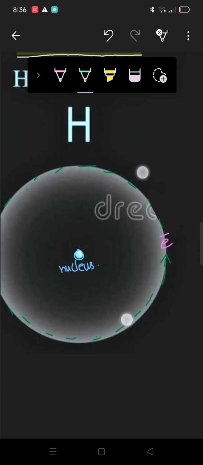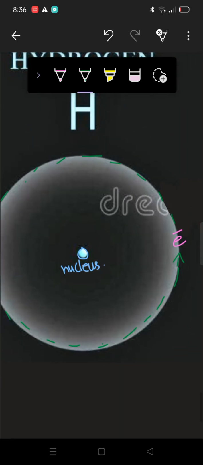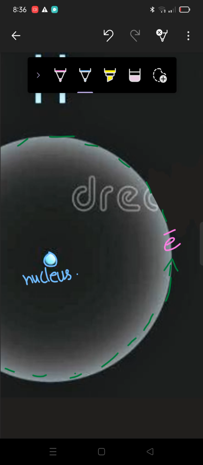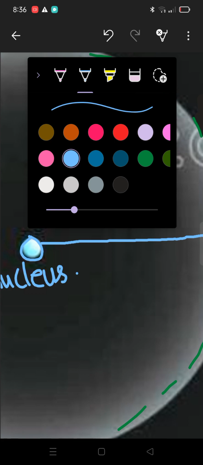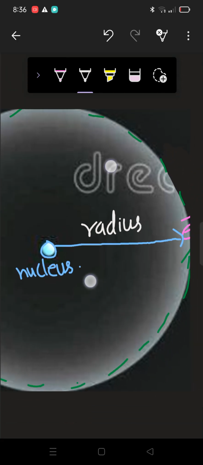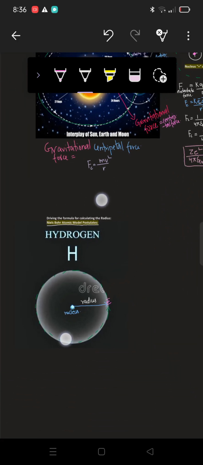Now basically this radius is the distance from the nucleus of an atom to the electron, which is revolving in the shell around the nucleus. So this is what we call the radius, right?